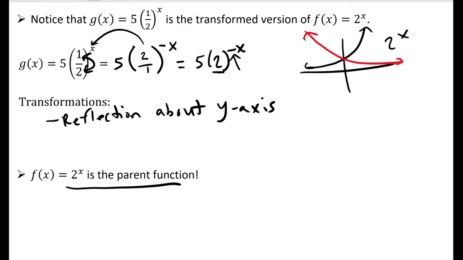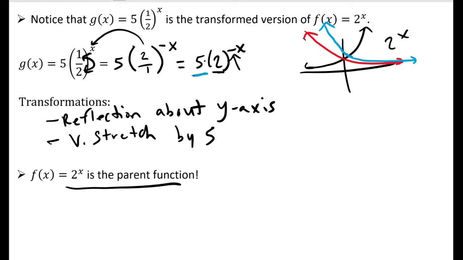And then what does the 5 do? The 5 just stretches it. The 5 multiplies it by 5, so it stretches it vertically. So this is a vertical stretch by 5. And those are my two transformations. So it's more like this.